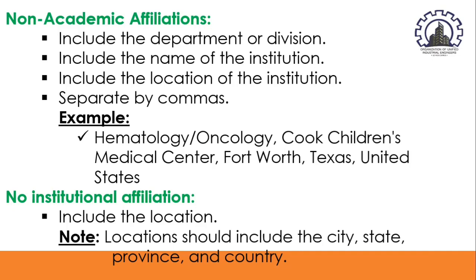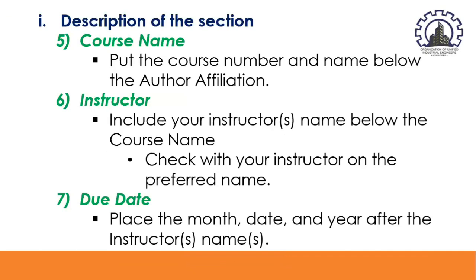And apart from that, you also have the course name. For the course name, you need to put the course number and name below the author affiliation. So for example, Res 101 Methods of Research, or IE 55 Project Design. So you need to include and specify the course name. And for your instructor, it also includes your instructor's name below the course name. So check with your instructor on the preferred name, like I said earlier.